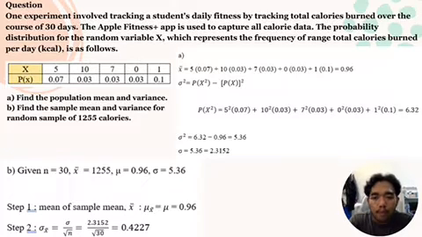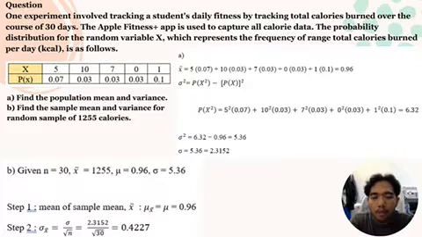One experiment involved tracking a student's daily fitness by tracking total calories burned over the course of 30 days. The Apple Fitness app is used to capture all calorie data. The probability distribution for the random variable x, which represents the frequency of range total calories burned per day, is as follows.